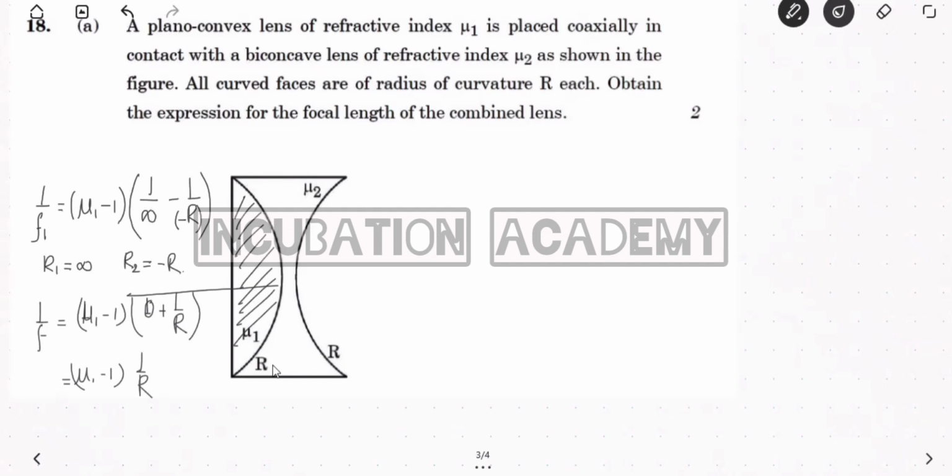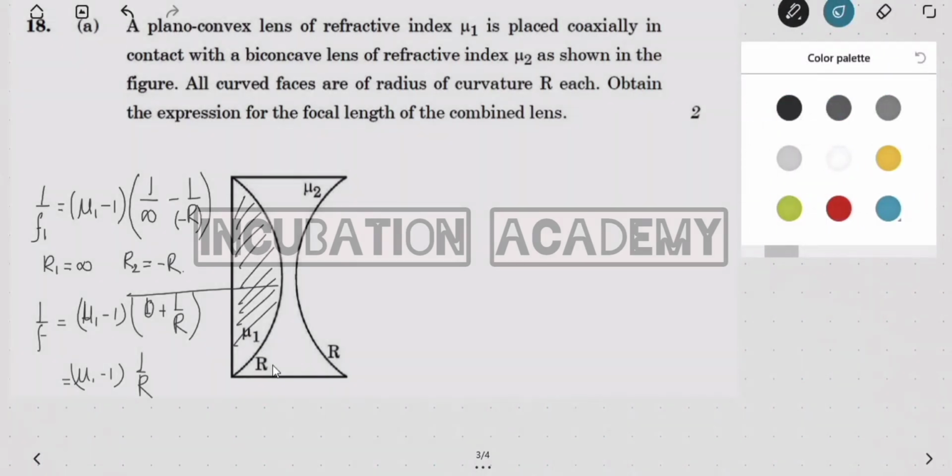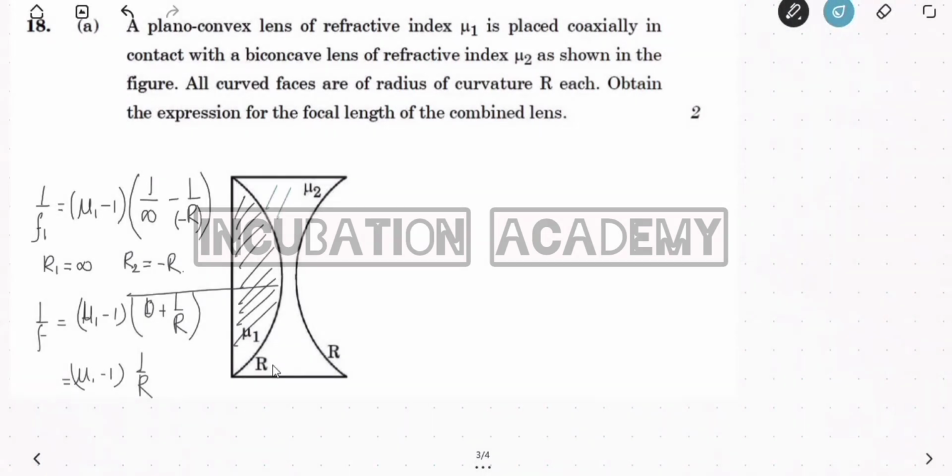After that, think of the biconcave lens, where obviously the radius of curvature of both the surfaces is the same. Clear?